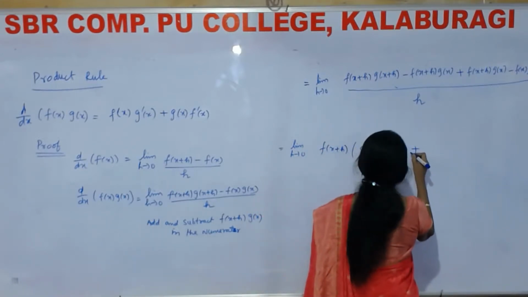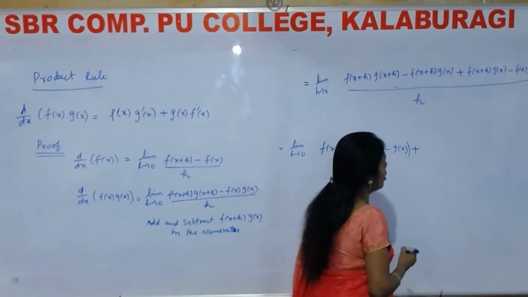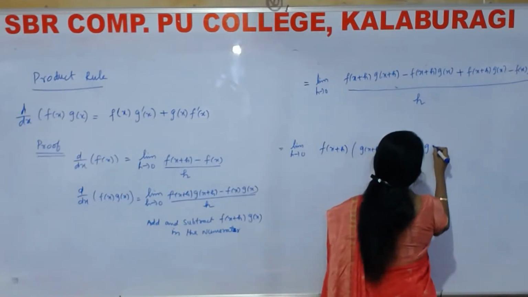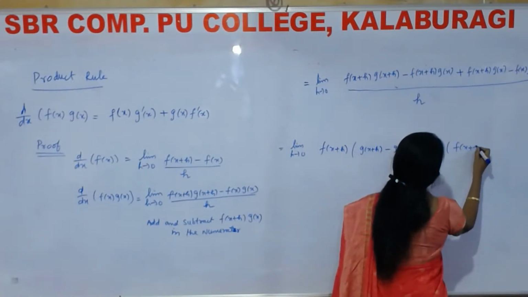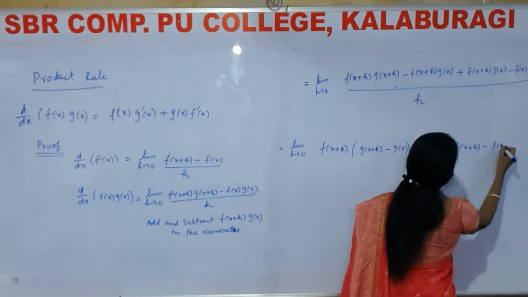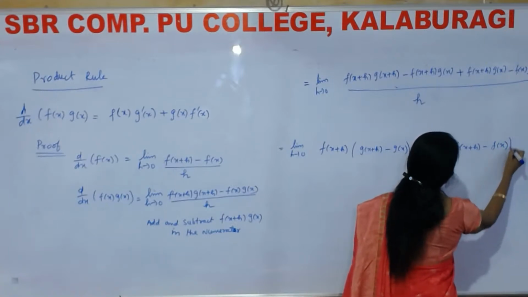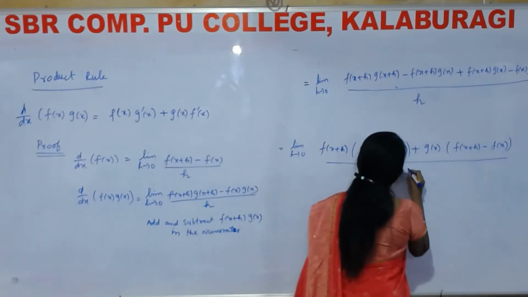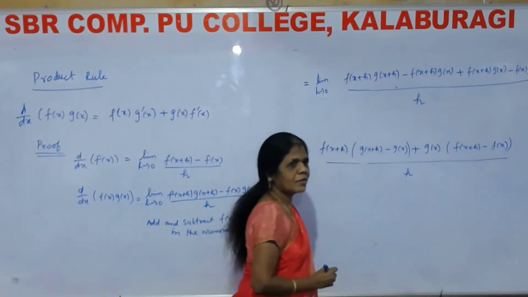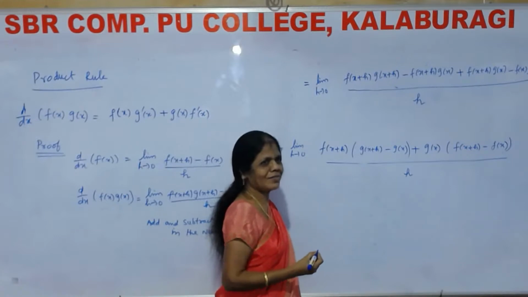Then from the next two, what are you going to take in common? g of x. What will be left out? f of x plus h minus f of x. Any doubt? The whole thing divided by h.